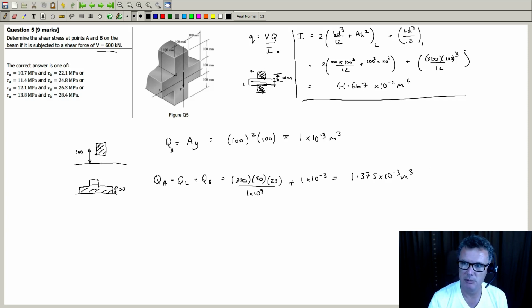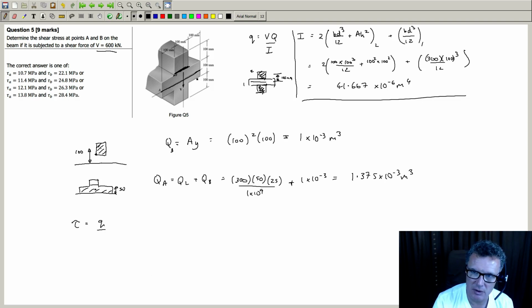I can now plug my numbers into this equation, but this is the shear flow, and what we're interested in is finding the shear stress. Shear stress is given as the shear flow divided by the width of the section that you're trying to pull apart. So this is the width of this section, and this is the width of this section.